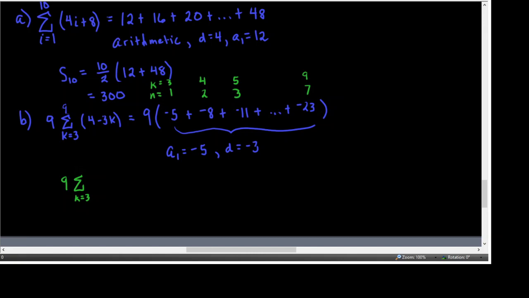So, getting back to where we were, this is the sum from K equals 3 to 9 of 4 minus 3K. That's going to be 9 times, now I'm going to use the information we gleaned above, that's going to be when N is 7.